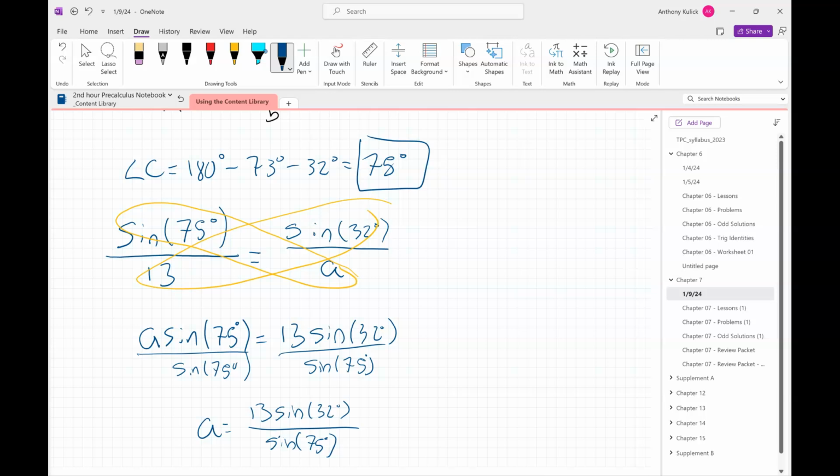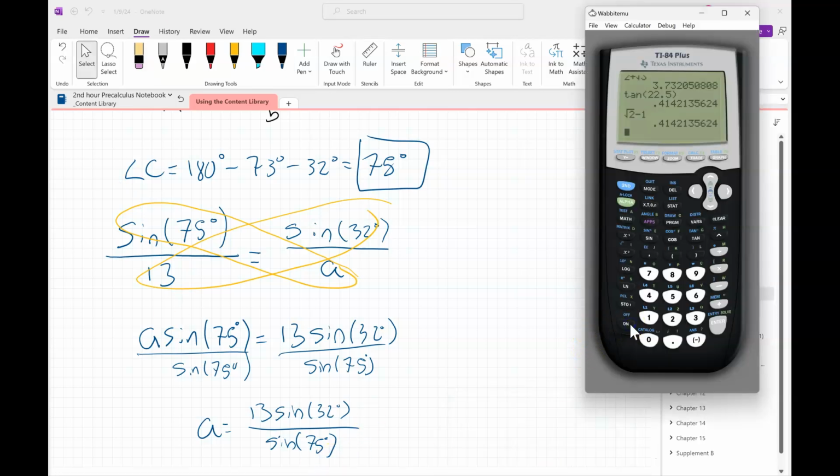At this point, it's now calculator time. So I'm going to pull out my calculator. What's the first thing I'm going to do? I haven't used my calculator in a while. Check the mode. What mode should my calculator be in? Degrees, because the angles in this problem are all in degrees. So my calculator is already set to degree mode.